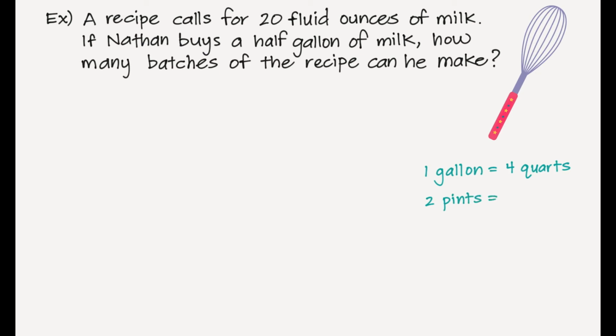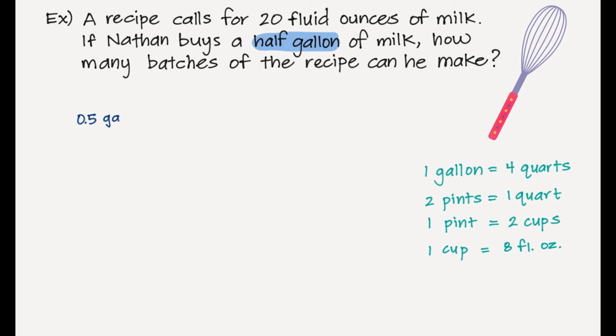Also, 2 pints is equal to 1 quart. 1 pint is equal to 2 cups. And then the last conversion that we can use in this one is that 1 cup is equal to 8 fluid ounces.